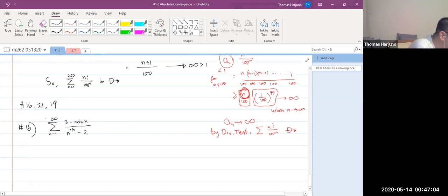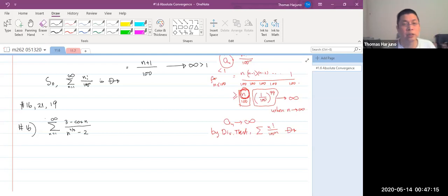The thing is, I don't think I need to use root tests or ratio tests. I don't need to in this case, actually.